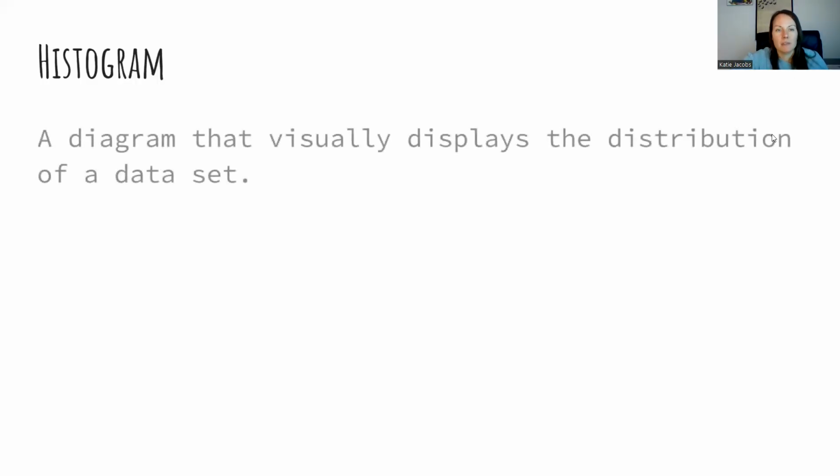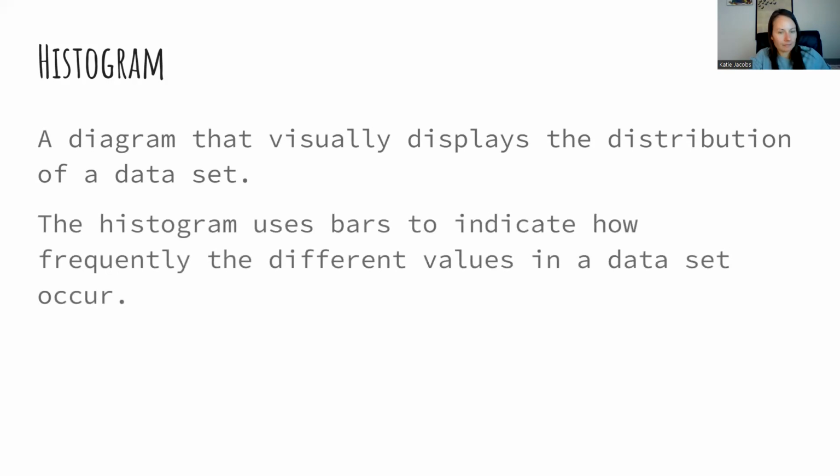All right, so histogram. This is a diagram that visually displays the distribution of a data set. The histogram uses bars to show how frequently the different values in a data set occur.